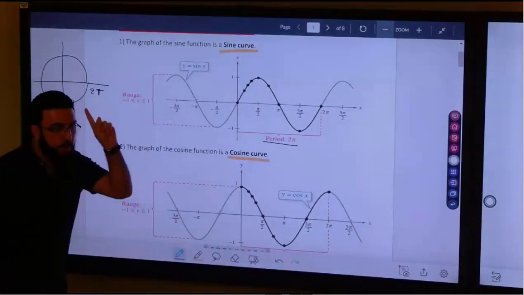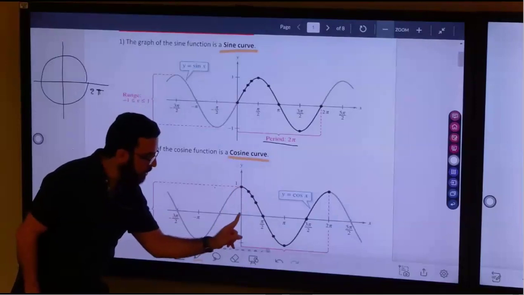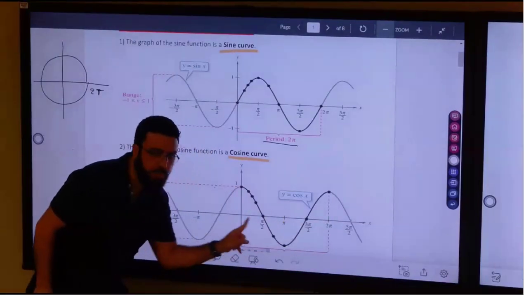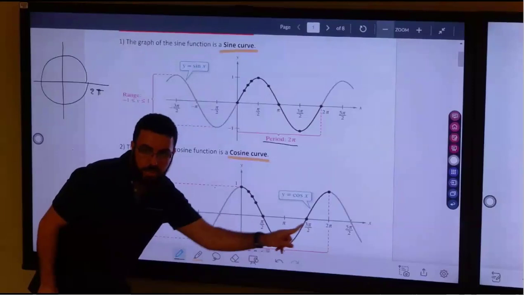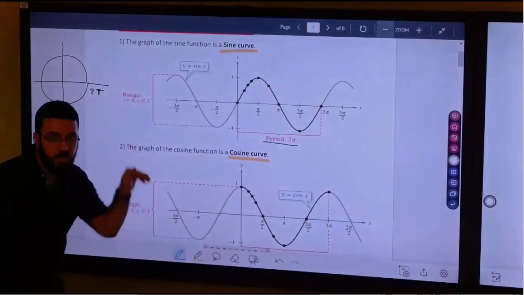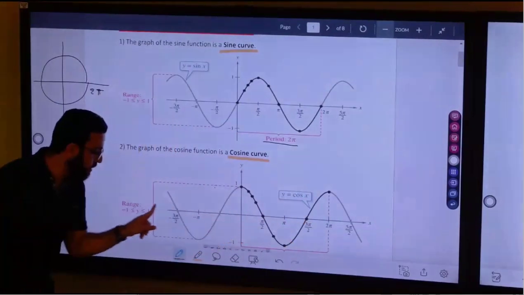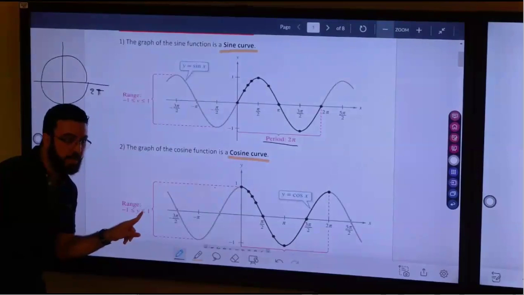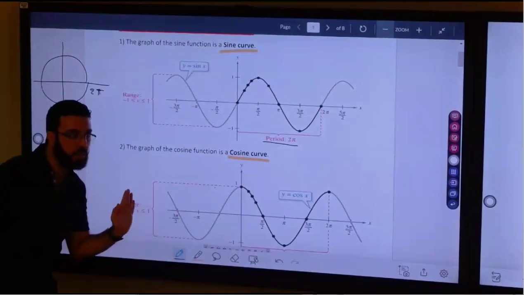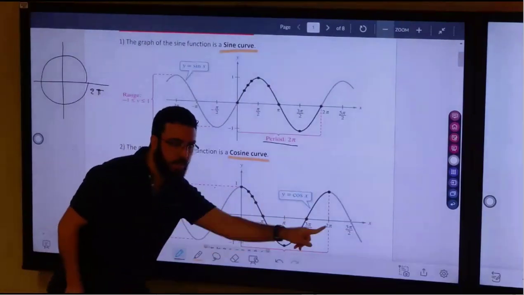Now check for the cosine. From 0 to 2 pi. So here is the period. You got it? So this is one set. That means the sine function looks like a wave. So this is one circle. This is another circle. Another circle. I'm not going to care about this side, because when I graph it, I need to graph one period, which is this.